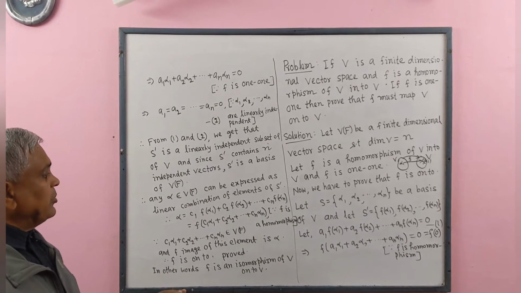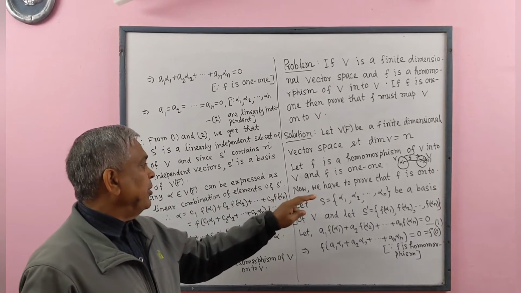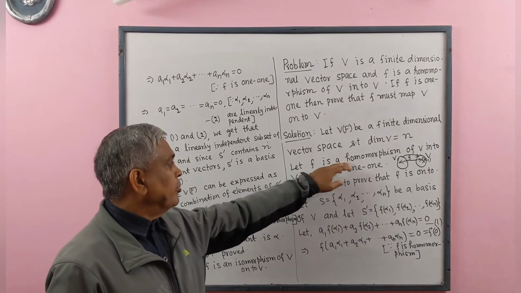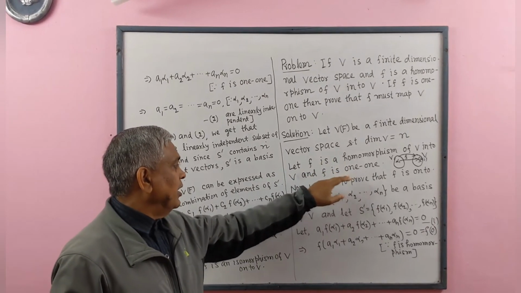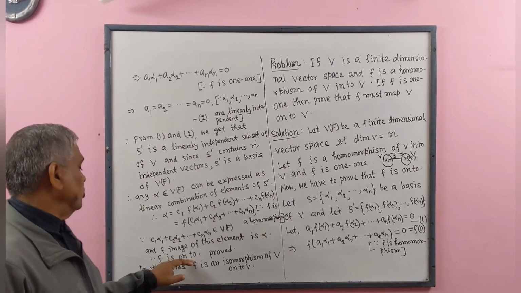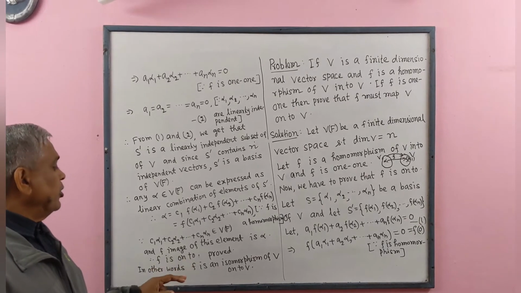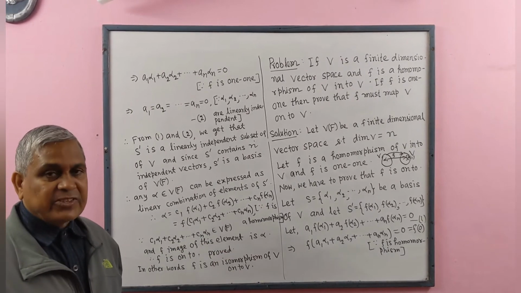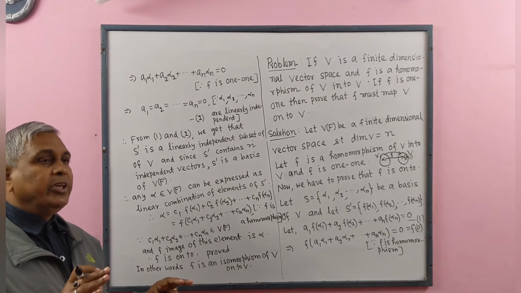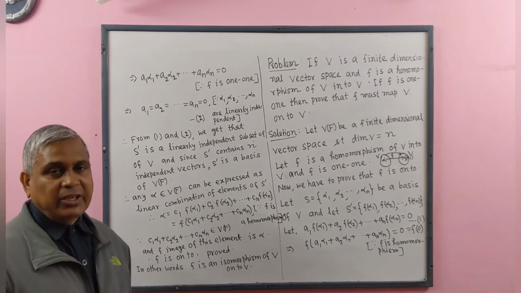Since F is a homomorphism, F is 1-1, and F is onto, therefore we may say that F is an isomorphism of V onto V.